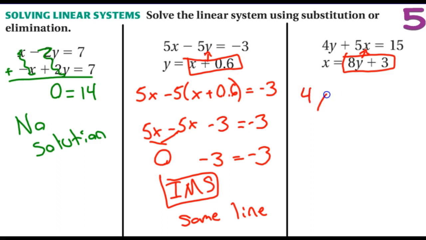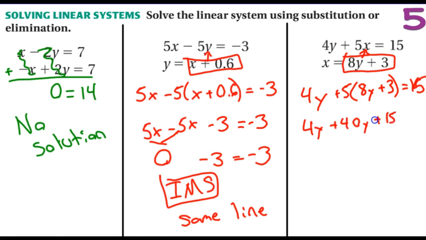So 4y plus 5 times 8y plus 3 equals 15. 4y plus 40y, plus 15 equals 15. 4y plus 40y equals 44y.